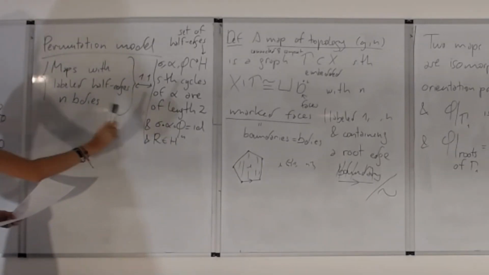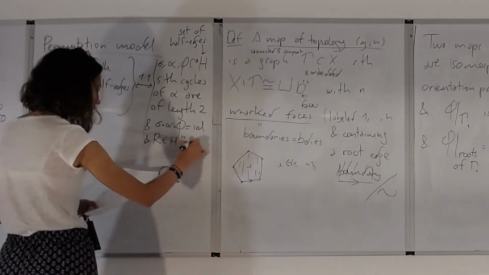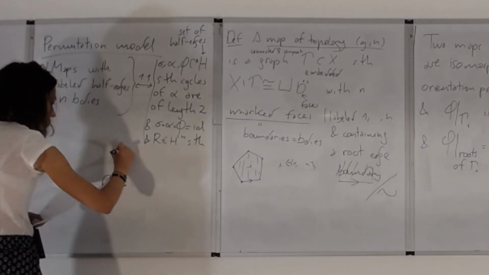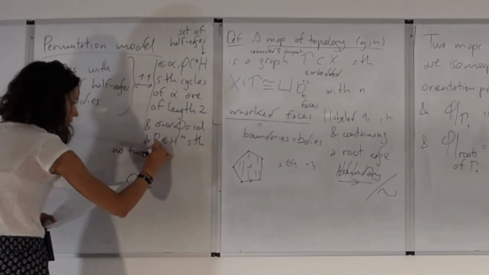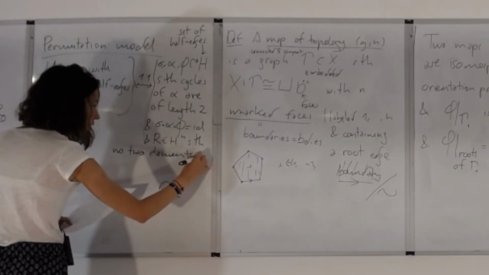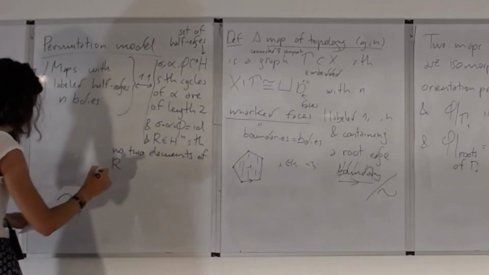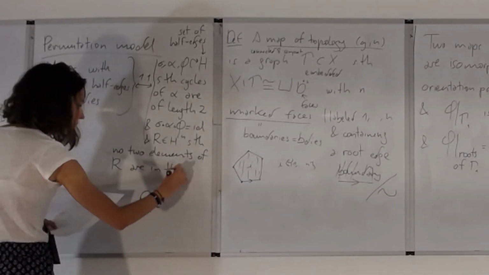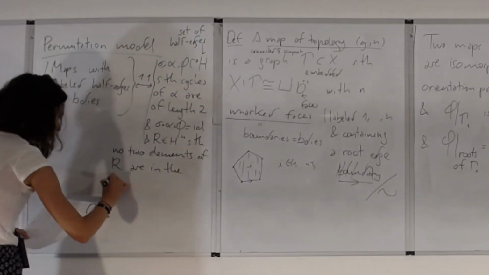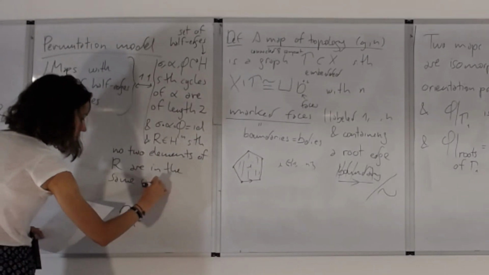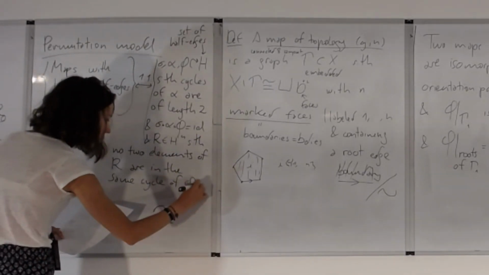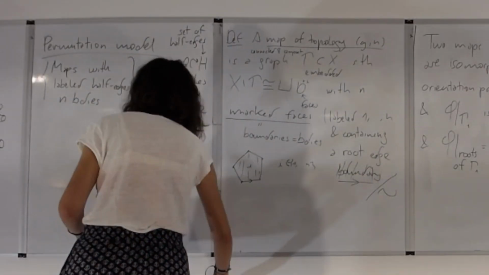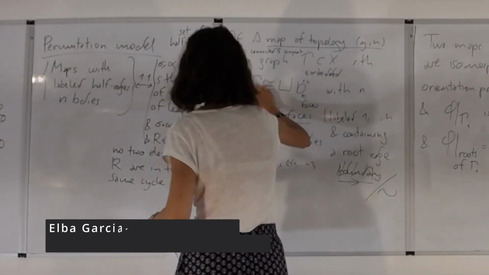So you have a tuple of half edges, R, in H to the n, in such a way that no 2 elements of R are in the same cycle of phi. Okay, this may look complicated, but it's very easy. You will see it when I explain the correspondence.